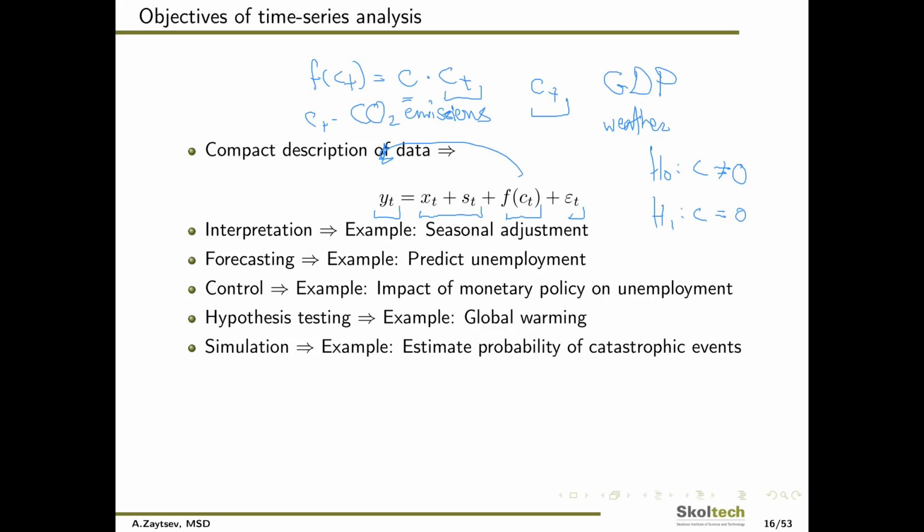Also, we can try to do some kind of simulations on top of this, and we can try to observe and to generate some scenarios, some cases related to this unemployment. And again, we can move away from this particular problem and consider something more general, like estimating the probability of catastrophic events, for example.